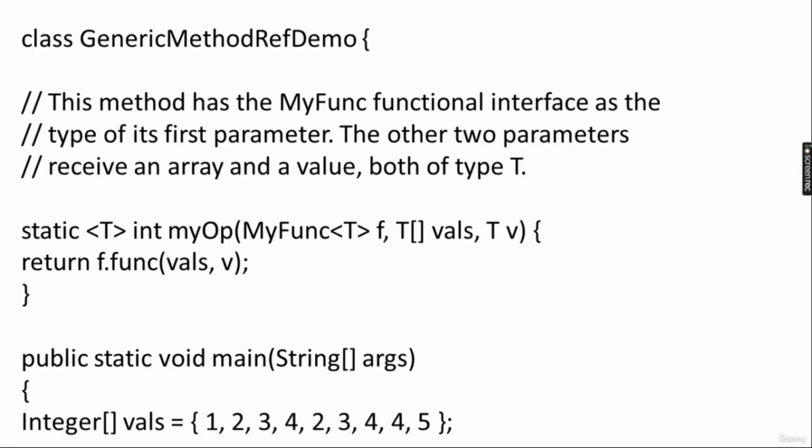Now the generic method reference demo. In that, this method has the MyFunc functional interface as the type of its first parameter.